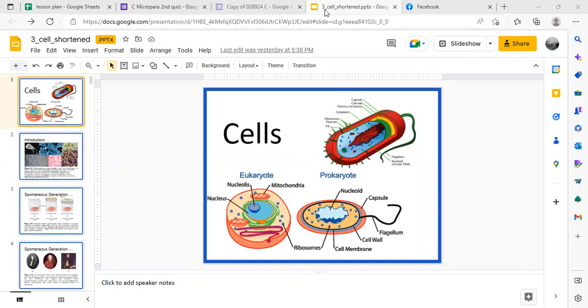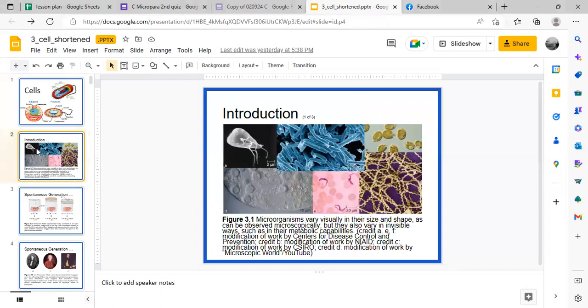You just have a region where you have the genetic material or the DNA, but you don't have a nucleus. So we will talk in detail the special structures of the prokaryotic cell and the difference between gram-positive and gram-negative bacteria as well.